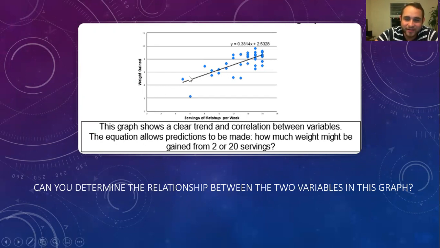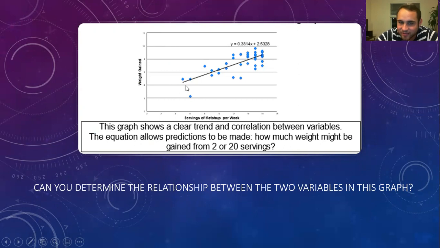So if the trend line is going upwards, it means that there's a direct correlation, meaning that if it's going up, well, the amount of ketchup that I eat per week, if it goes up, my weight is going to go up. So if it's up, it means that as my independent variable goes up, my dependent variable will also go up.